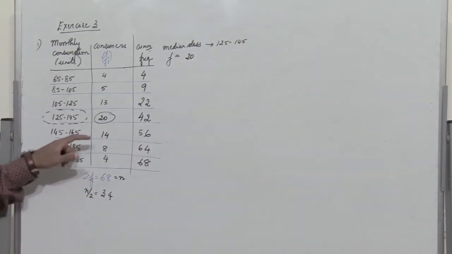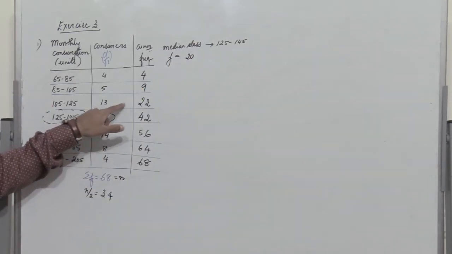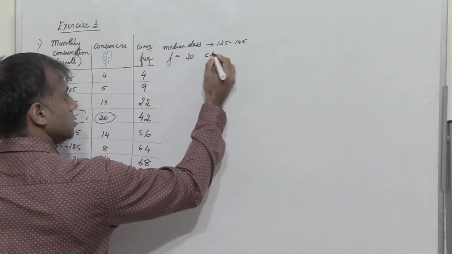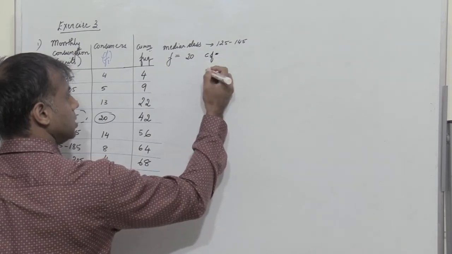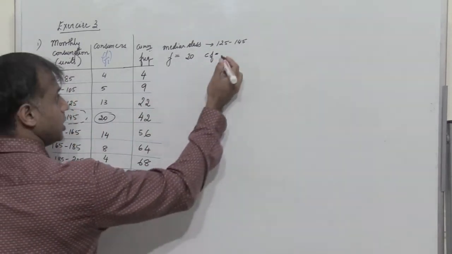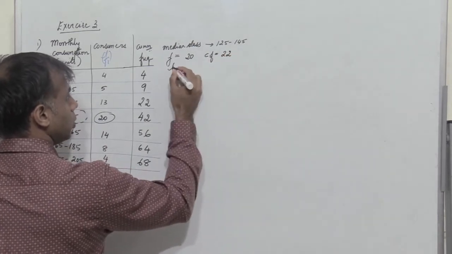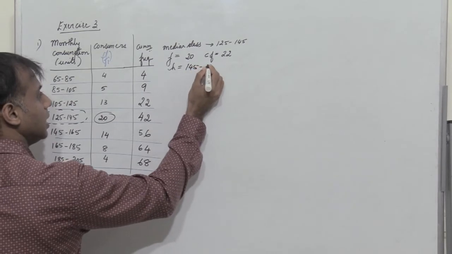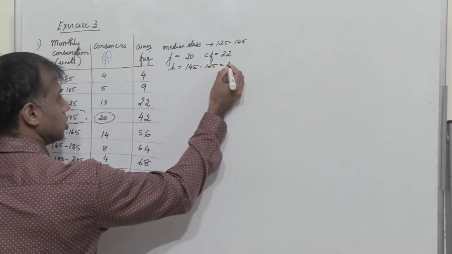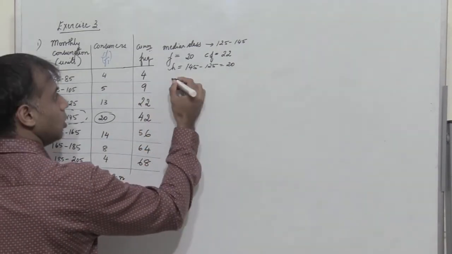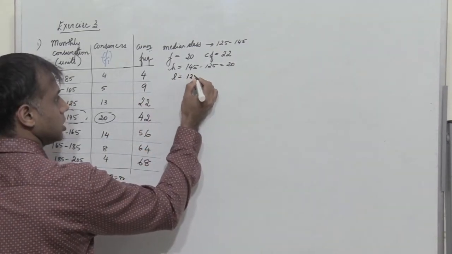And to find the median, I also need the cumulative frequency of the previous class, which is 22. So CF, the cumulative frequency preceding the median class, is 22. And what about h? h is 145 minus 125 equal to 20. Now L happens to be the lower limit of the median class which is 125.